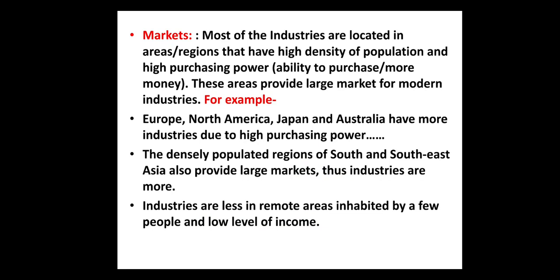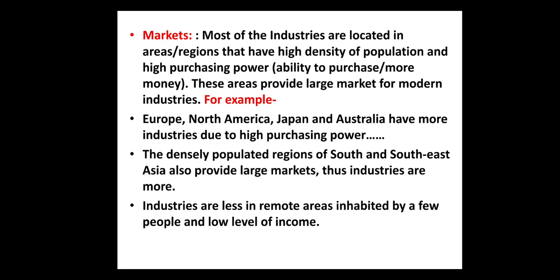Based on our textbook, the market is divided into two: regions having a high density of population, like South and Southeast Asian countries, and regions having high purchasing power, which means mostly developed countries. In developed countries people have more income, more income means more money, and more money means higher purchasing power.